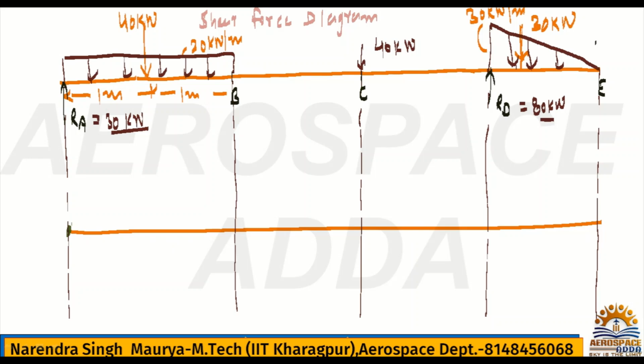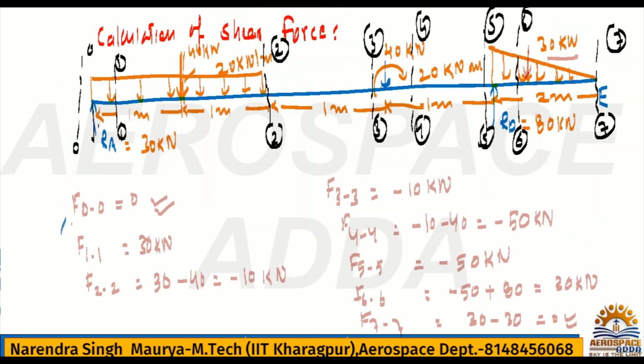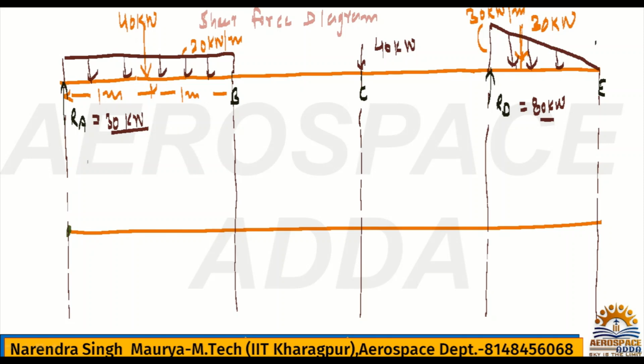Just after RA it was 30 kilonewton, which was positive, so we'll go in upward direction. And this value is 30 kilonewton. Always remember, upward is positive and downward is negative. Just say this is the reference point 0, 0.